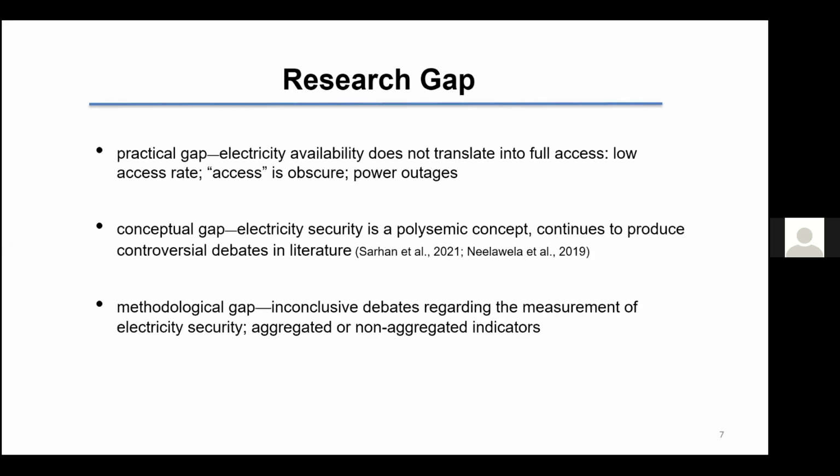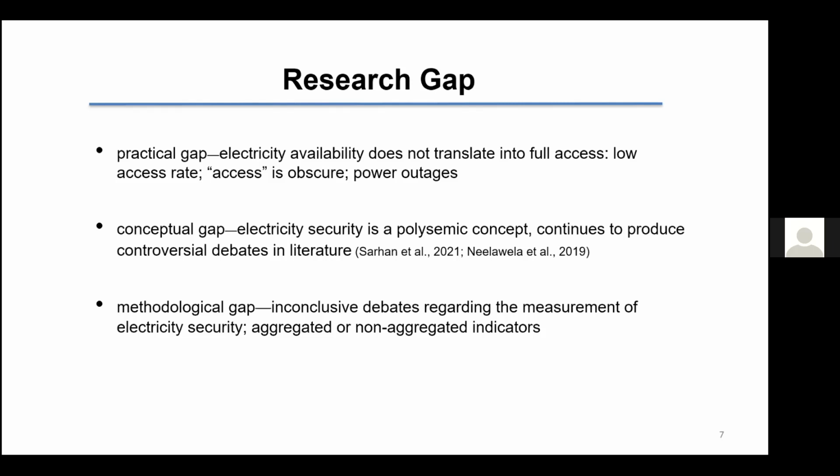And lastly is the methodological space. There are inconclusive debates regarding how to measure electricity security up to now. It is still an ongoing debate. And majorly here, for instance, are aggregated indicators or dimensions better than non-aggregated indicators in terms of what we should use for electricity security?